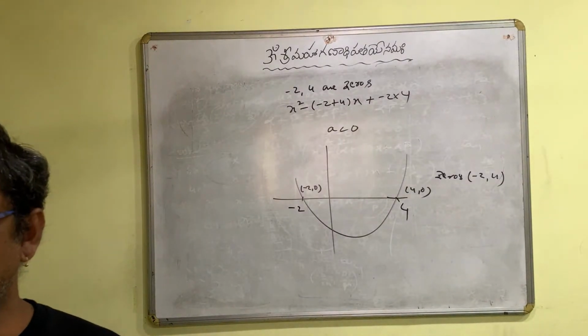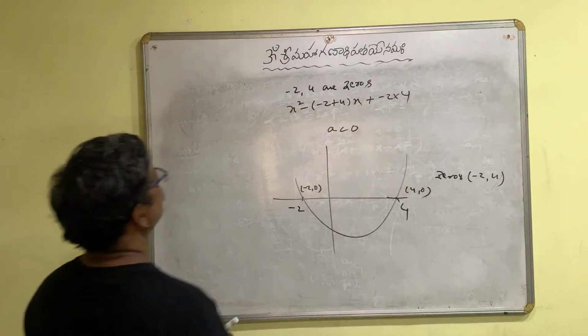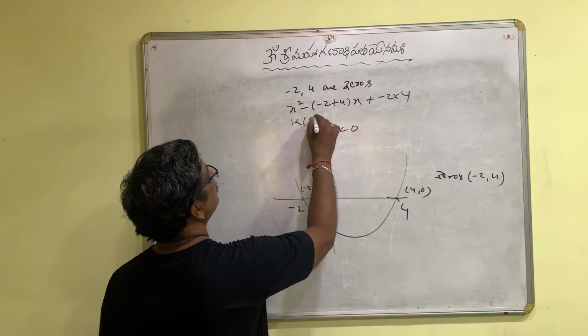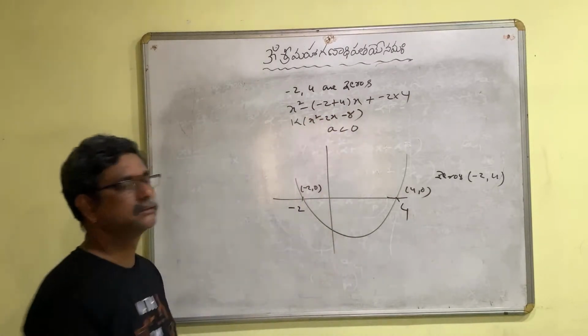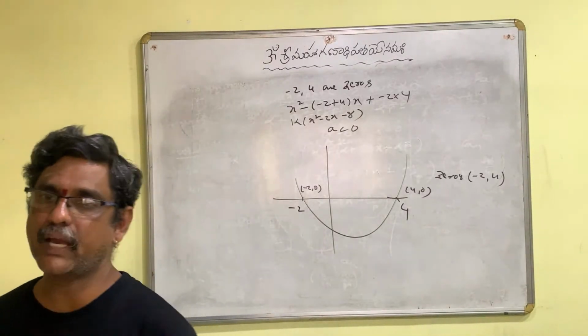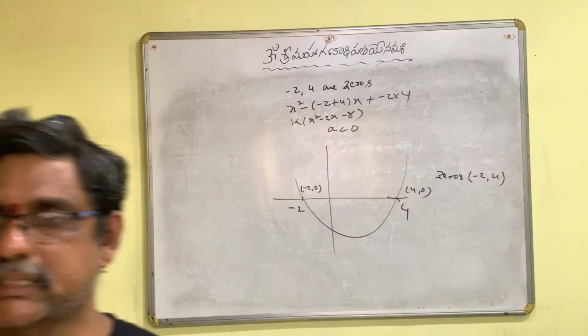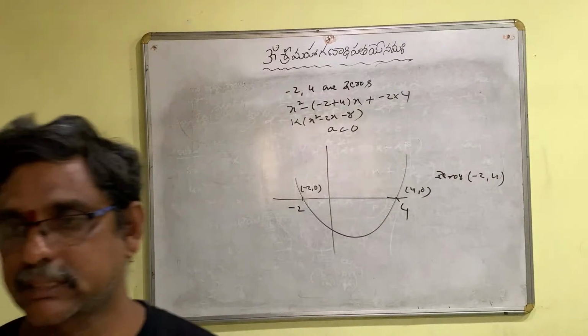Am I audible? So k into x square minus 2x minus 8. Minus 2x, not plus 2x.